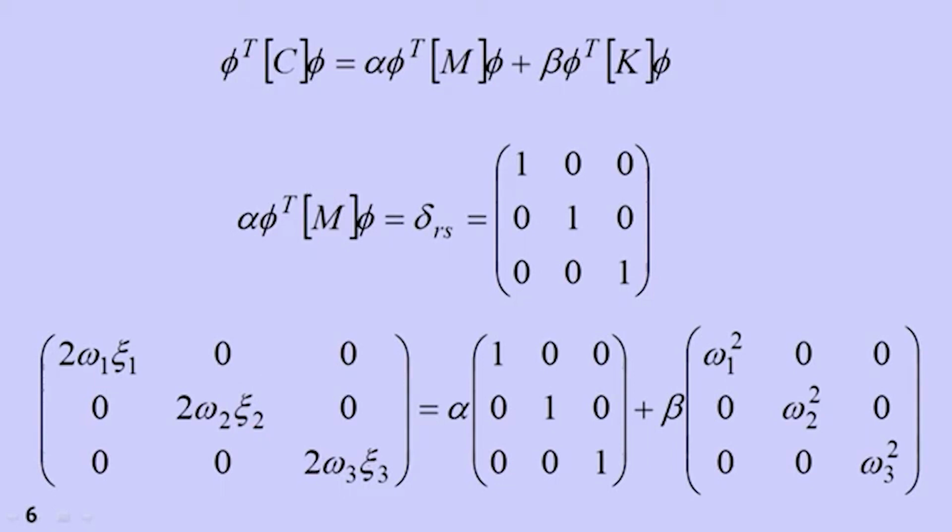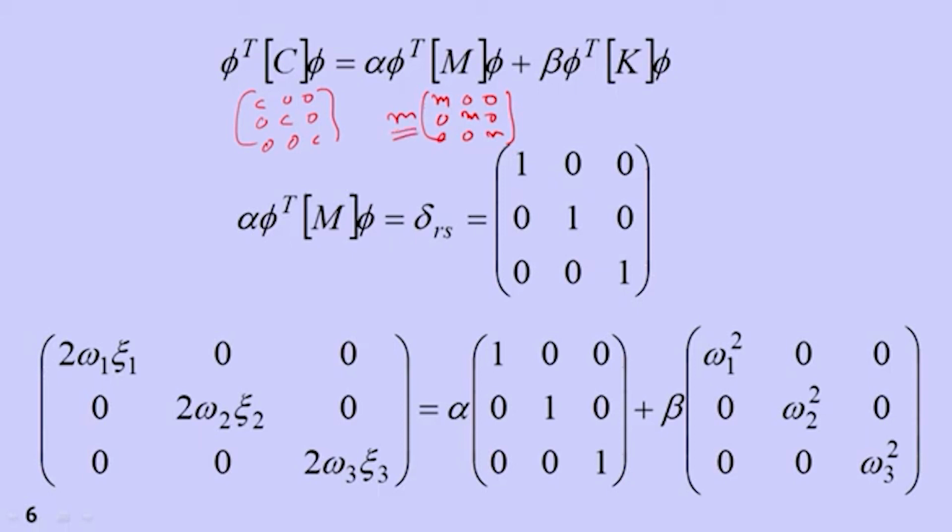This is coming from something like this. The mass matrix has m 0 0, 0 m 0, 0 0 m. Now if you take m as common outside, then in C we have C 0 0, 0 C 0, 0 0 C, something like this.